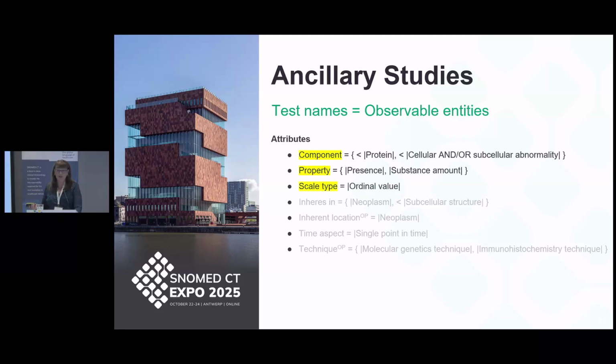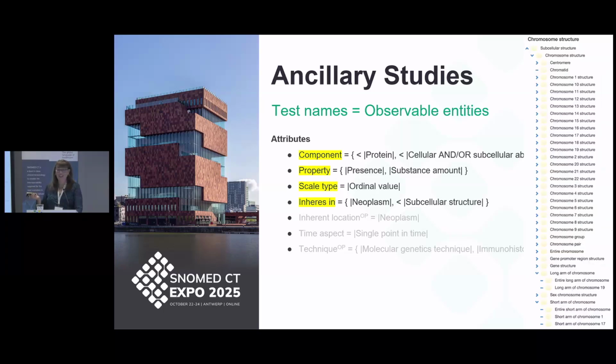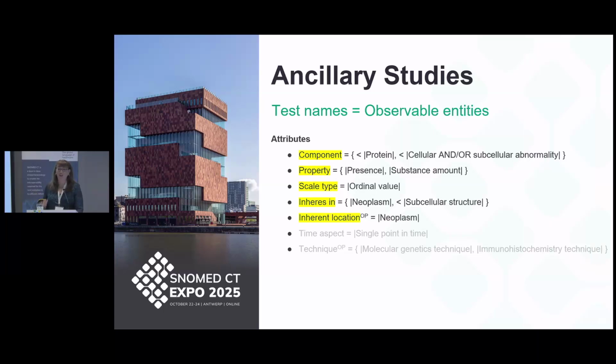The scale type is always set to ordinal value. Adheres in is either neoplasm for proteins or a subtype of subcellular structure, such as the specific gene or chromosome. And if the observation adheres in a subcellular structure, then the inherent location is a neoplasm. The time aspect is always a single point in time, and the technique, if it's included, is either molecular or immunohistochemistry technique.